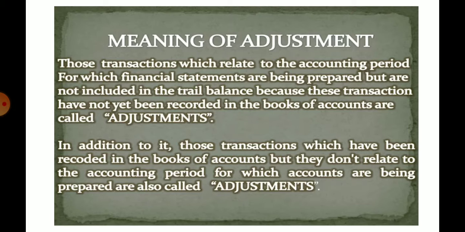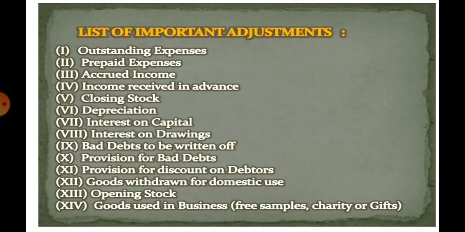In addition to it, those transactions which have been recorded in the books of account but do not relate to the accounting period for which accounts are prepared are also called adjustments. So both aspects are to be considered, whether it is included in this financial accounting period or in another financial accounting period. According to this, you have to prepare the final accounts with adjustments.